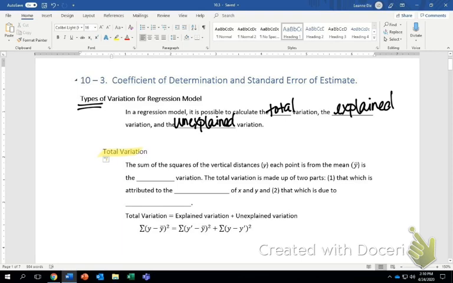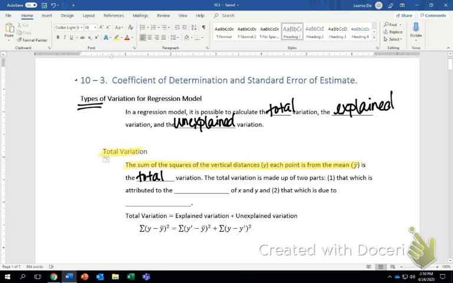The total variation is the sum of the squares of the vertical distance y each point is from the mean, from the average. And this is what we call the total variation. The total variation is made up of 2 parts, the explained and the unexplained.